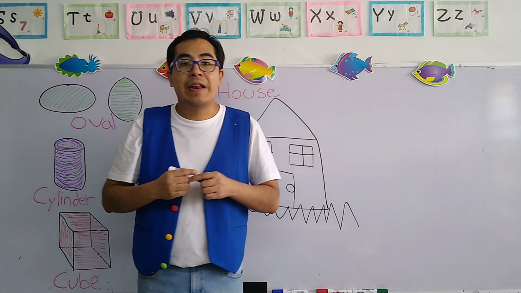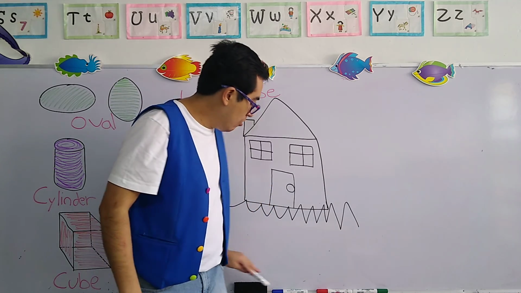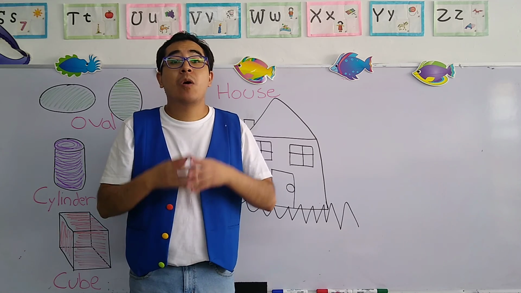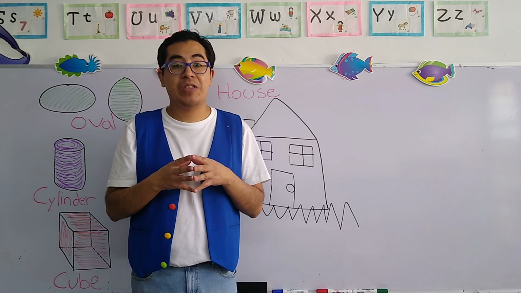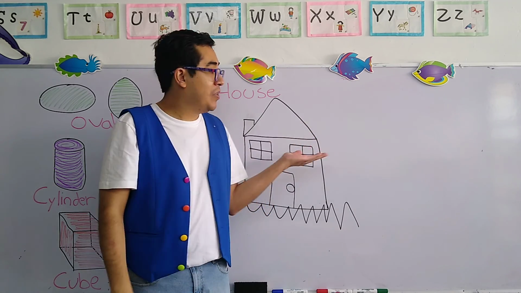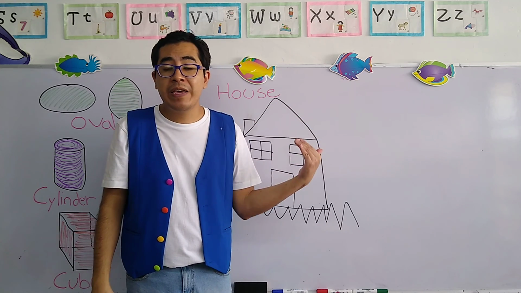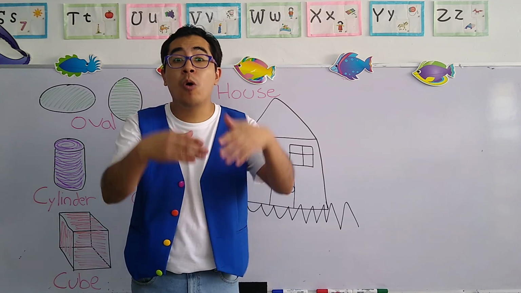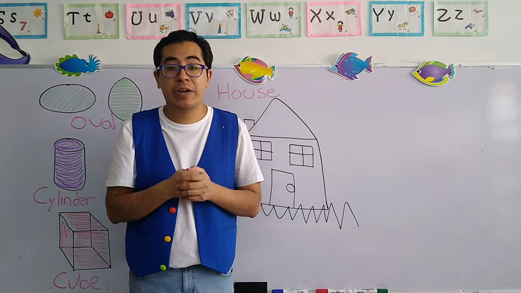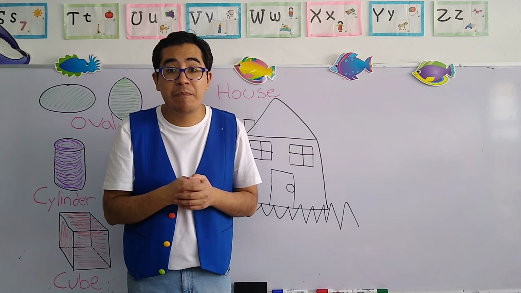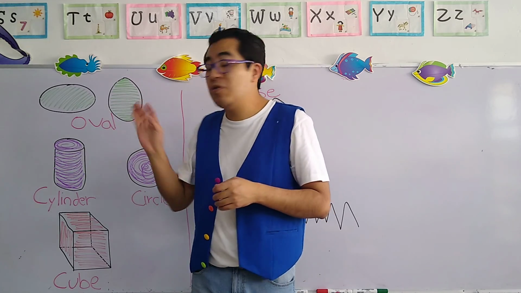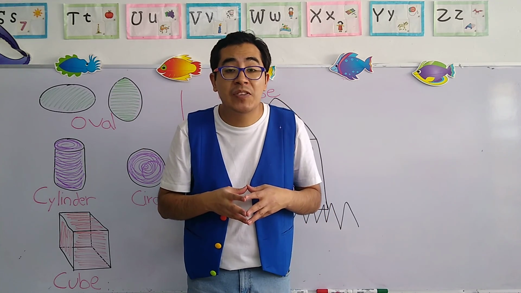Very good. Now we have our house that is built using geometric shapes. Now, this is an example of how to apply them. But again, if you want to create your own drawings, si ustedes quieren crear sus propios dibujos, you can make them using these geometric shapes as a base, okay?